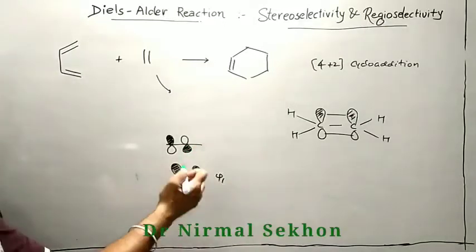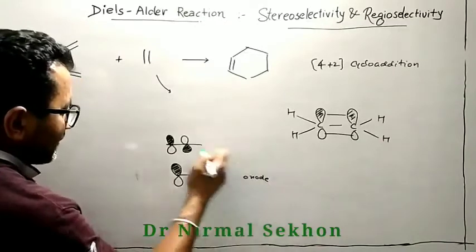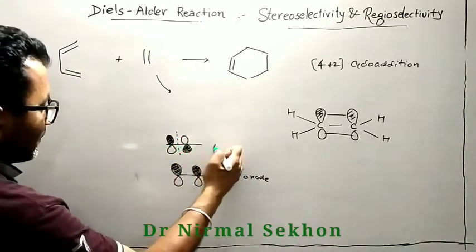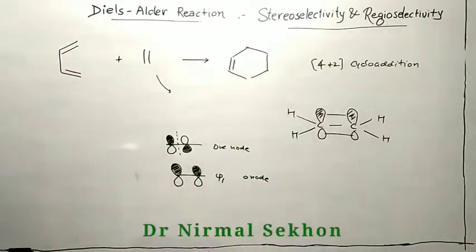The bonding one has 0 nodes and the anti-bonding has 1 node. Similarly, when we have 4 p orbitals, they give 4 molecular orbitals, 2 bonding and 2 anti-bonding.